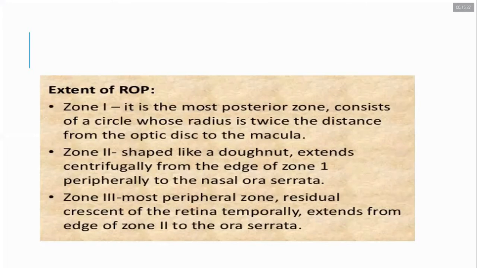Zone 1 is the most posterior zone. It consists of a circle whose radius is twice the distance from the optic disc to the macula. And zone 2 is shaped like a donut, extending centrifugally from the edge of zone 1 peripherally to the nasal ora serrata. And zone 3 is the most peripheral zone, the residual crescent of retina temporally, extending from the edge of zone 2 to the ora serrata.